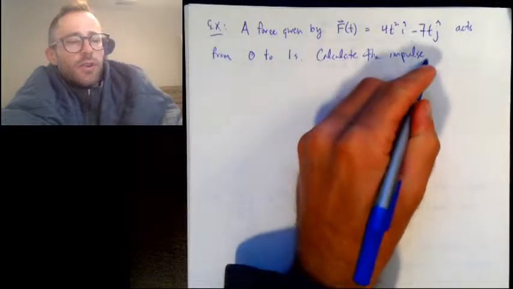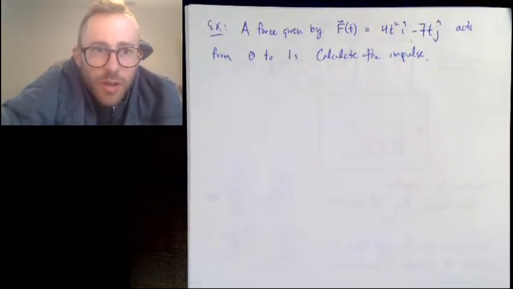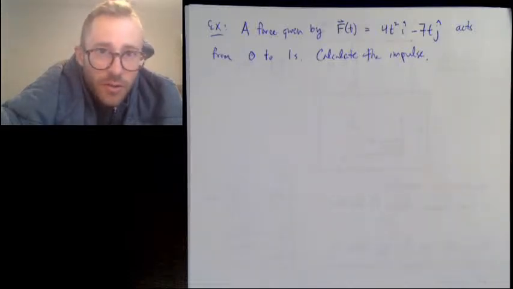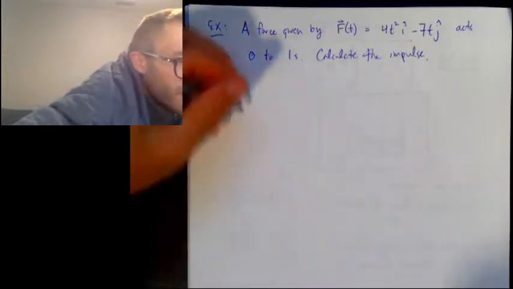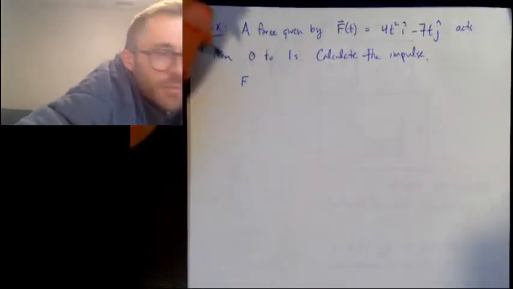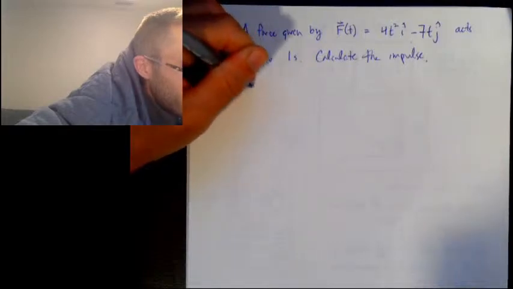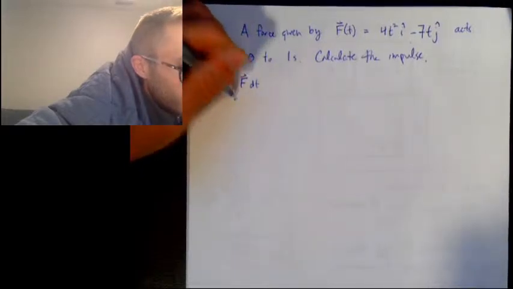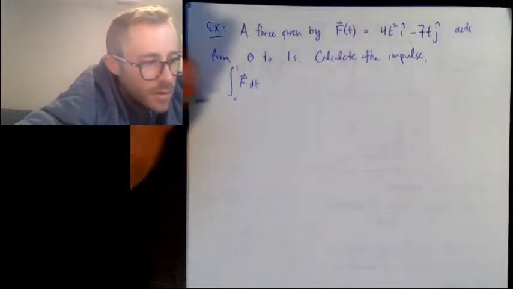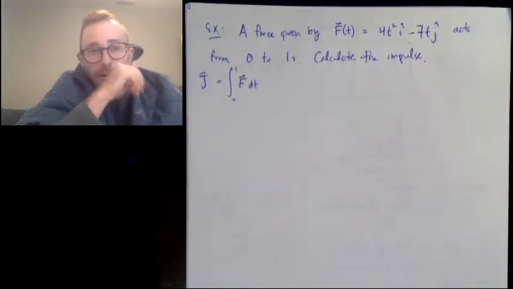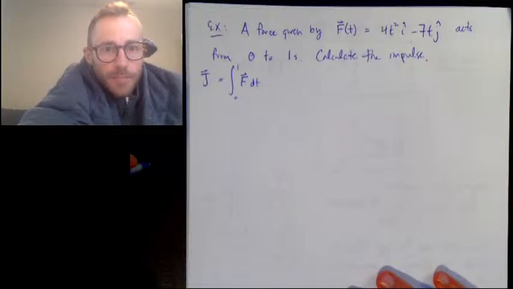Okay, so the reason that I'm doing this example is because I want to just briefly go over how to integrate a vector. The way that you integrate a vector is you integrate both of its components. So if I do the integral of force with respect to time from 0 to 1, that would be the impulse.